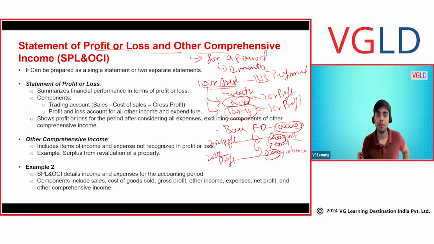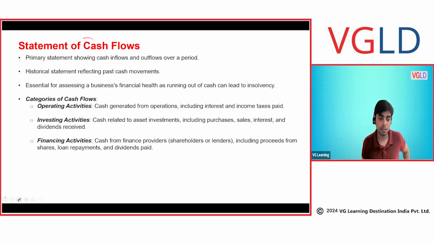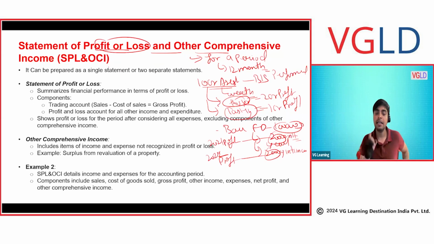So profit and loss, unlike the balance sheet, is for the period. It doesn't represent my wealth. It represents how much I have earned or how much I have lost in a year. Clear? It can be prepared as a single statement or two statements: statement of profit and loss and statement of other comprehensive income.